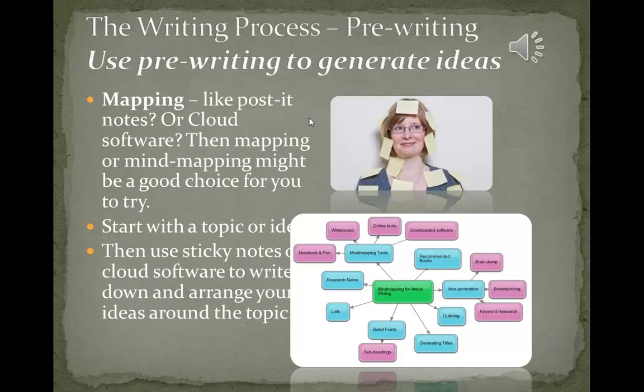Another way, also if you're a visual learner, is to do some mind mapping. You can use cloud software, or you can just use sticky notes. And at the center of a piece of paper, you can write your idea, and then you can put groupings of ideas, like topics. Say, if I were writing on trees again, I could put in a circle of sticky notes around it.